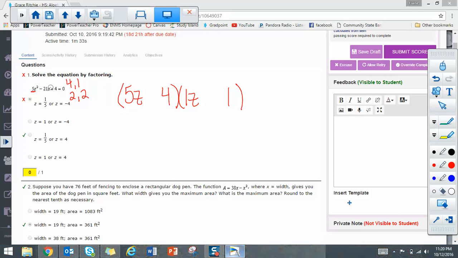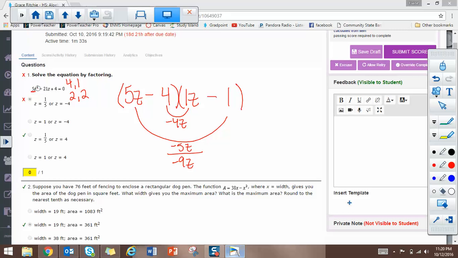When the back number is positive, your signs should be the same, and they're going to match the middle term. So this means they're both going to be negative. Now if I multiply the inside terms, negative 4 times 1z is negative 4z, and 5z times 1 is negative 5z, and when I add those together I get negative 9z, and that's not the middle term.